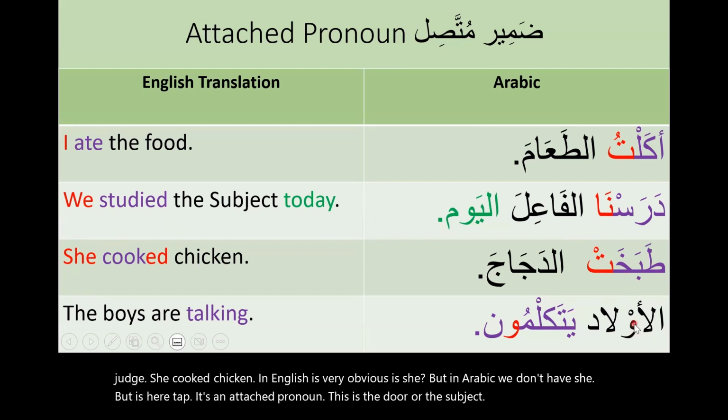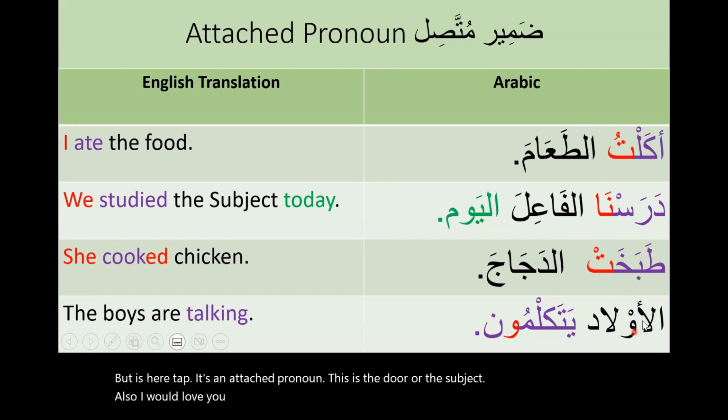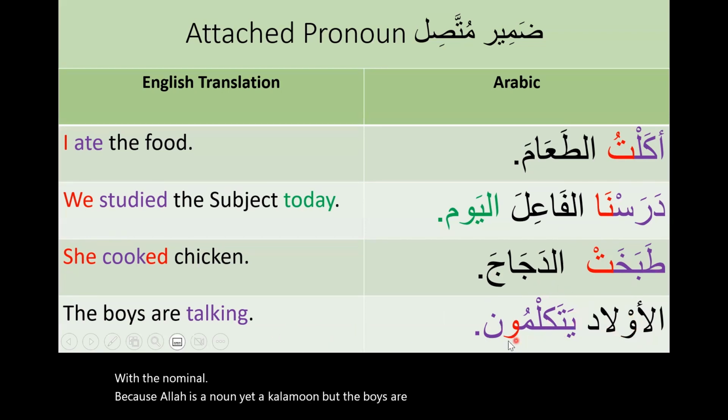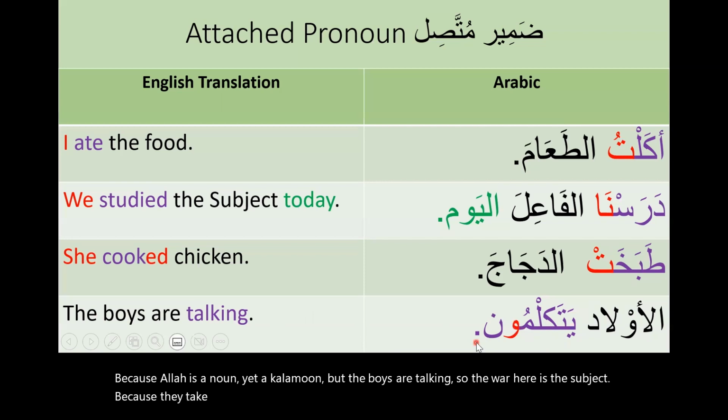Also, الأولاد يتكلمون. I started the sentence with the nominal, because الأولاد is a noun. يتكلمون, the boys are talking. So what here is the subject? The wow in يتكلمون is the subject of the sentence. Somebody may say, well, الأولاد are the subject because they are doing the talking.